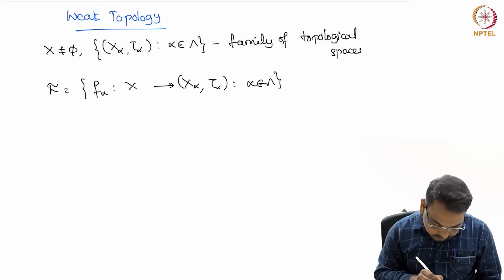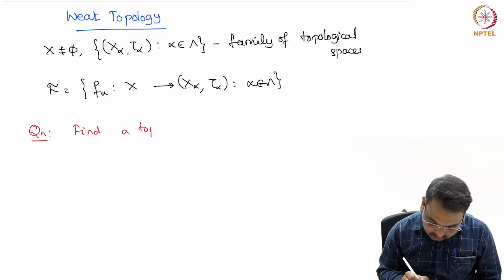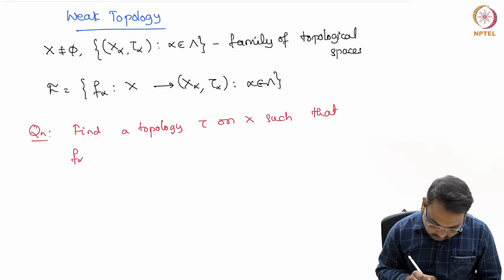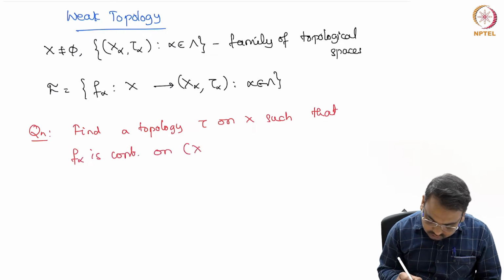We can ask the following question. Find a topology tau on X such that f alpha is continuous on X, tau for each alpha.